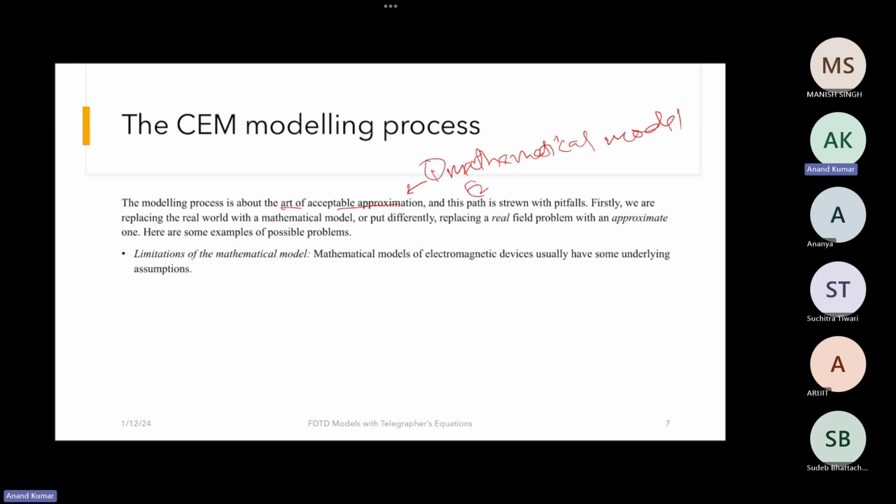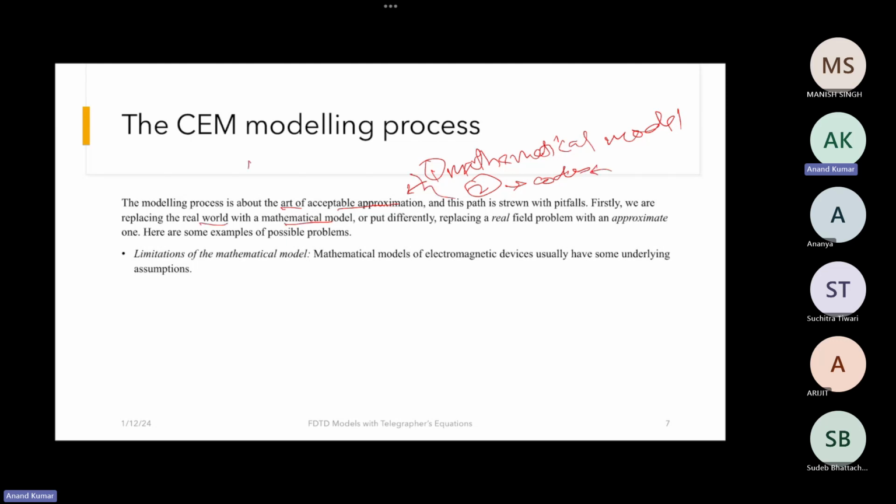The second approximation is in the codes. So these are the two steps where we use approximation. Firstly, we are replacing the real world with a mathematical model, as I said. So the first is the mathematical model of the problem.